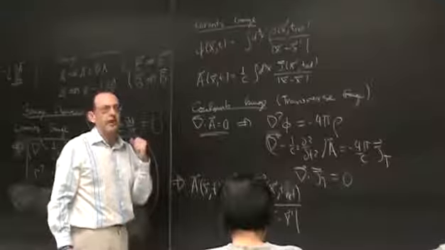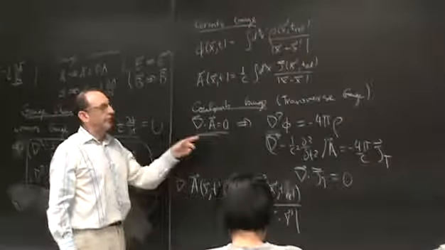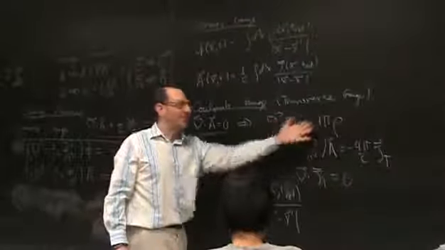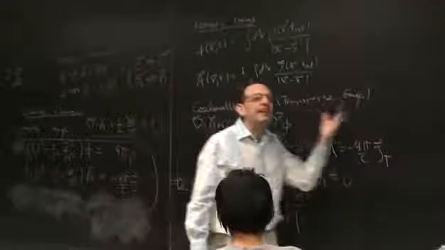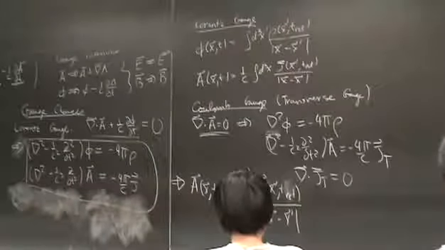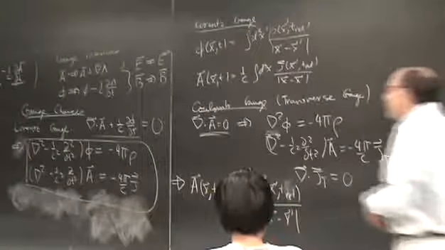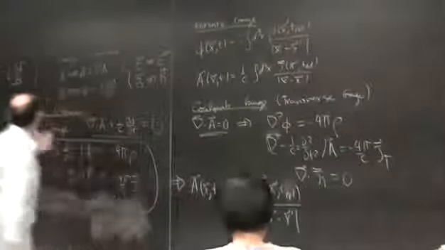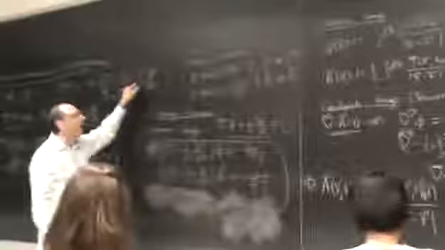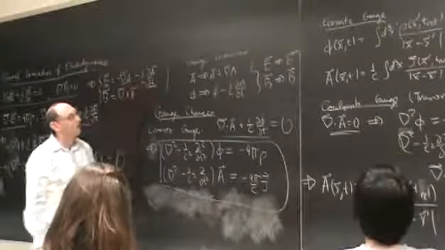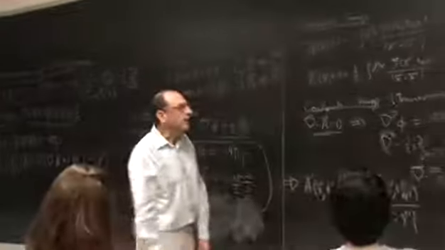That's a perfectly good gauge choice. If we do that, then phi looks like Coulomb's law. This is the Poisson equation, the electrostatic Coulomb's law. That's why it's called the Coulomb gauge. But it's not to say that it's really static, because the true electric field depends not just on the gradient of phi, but also on the derivative with respect to A.